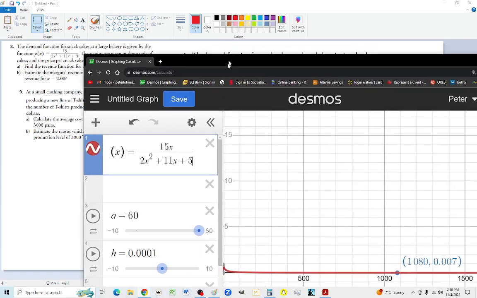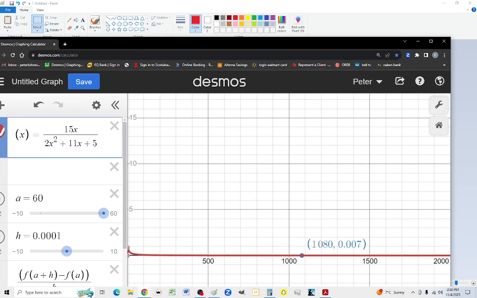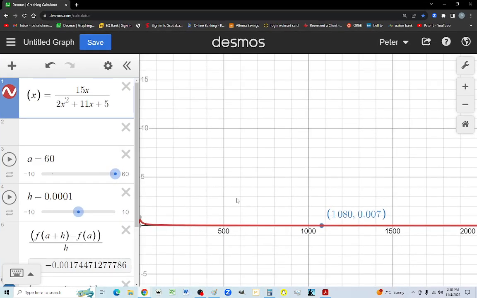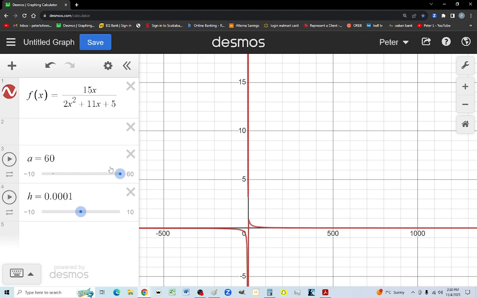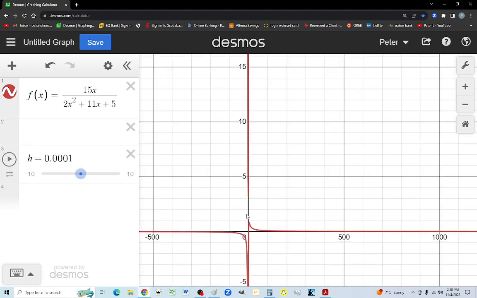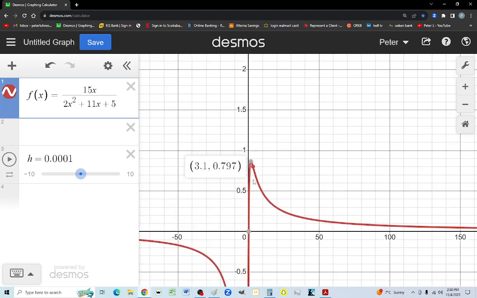So we're talking about this. And they want to know 0.75 and 2. So again, we can see for this one, the graph is going down, so it's really climbing in the beginning. So that's the most profit right there. You can sell 1,581 cupcakes, and that's your max profit in thousands of dollars. So $866.